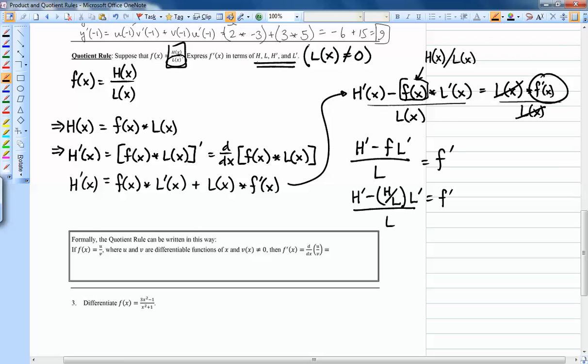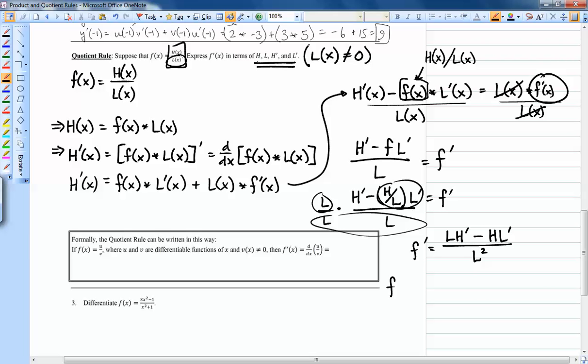And then to get rid of the fraction in the fraction, I'm going to multiply the top and bottom by L over L. So then f prime ends up being L times h prime, minus L times this thing, and so the L on top and the L on the bottom will cancel, and I'm left with h L prime, over L squared on the bottom.